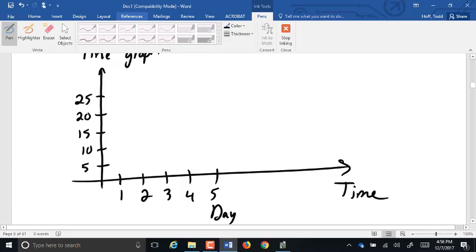So on day 1, there was 19 of the green ones chosen. Day 2, let's say there were 21 of them chosen. Day 3, let's say it dropped to 14. Day 4, let's say it went back up to 19. And day 5, 18.